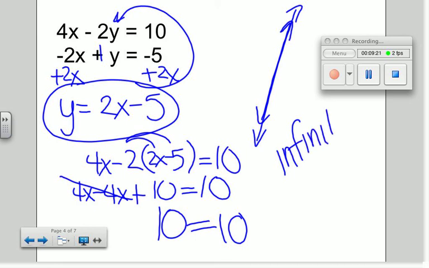So when that happens, your variables cancel out, you get two numbers that equal each other: infinite solutions. So those are 3 examples of how to solve systems of equations using the substitution method.